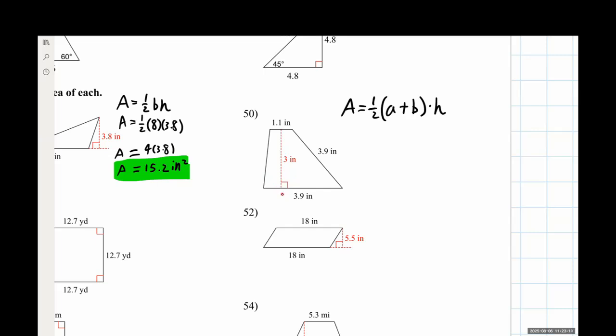That means that this line is my height. And the two lines on the end of it that it's touching, those are going to be my two bases. Which one is A, which one is B? We've got that freedom and flexibility to choose that as we want, but those are my three values I'm going to plug into this equation. We'll plug those in and calculate our answer.